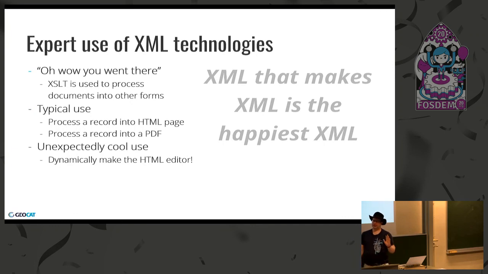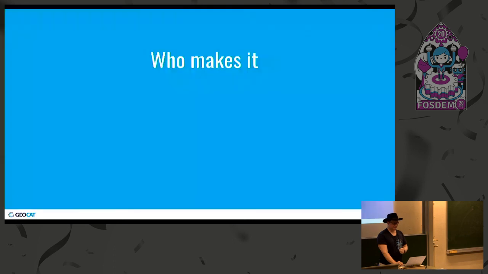One thing that was impressive as I went into this: they actually use XSLT to generate that editor on the fly from the schema document. That's one reason why people are able to adapt this for their own national standard. Typically I see XSLT used to generate HTML or PDFs, but dynamically making an editor on the fly is a new one for me.